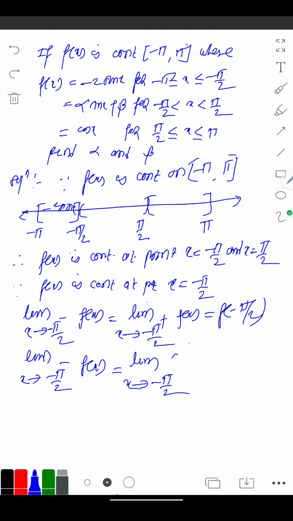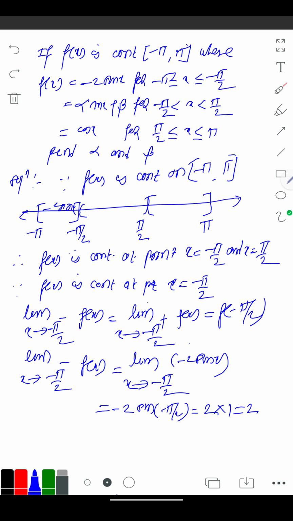Therefore, for the left hand limit we put the limit directly, so we get -2 sin(-π/2). Since sin(-θ) = -sin θ, sin(-π/2) = -sin(π/2), negative negative positive, 2 sin(π/2), that is 1, which equals 2. So this is the value of the left hand limit.